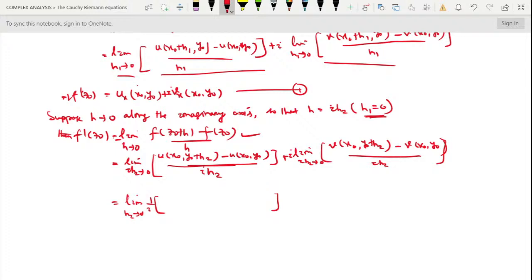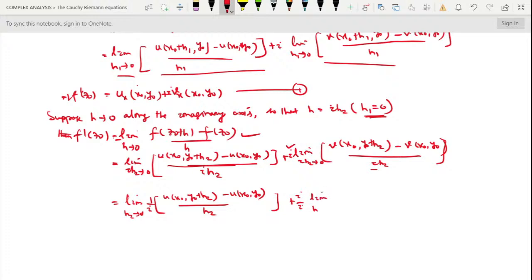Taking 1 by i outside, this will be u of x naught comma y naught plus h2 minus u of x naught y naught divided by h2, and the i here and the i here, i divided by i, will be 1.